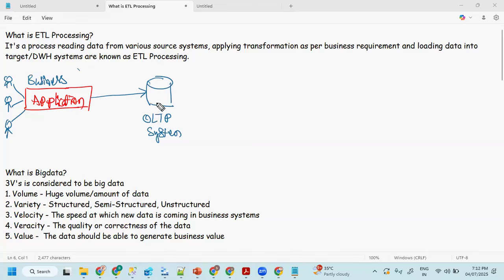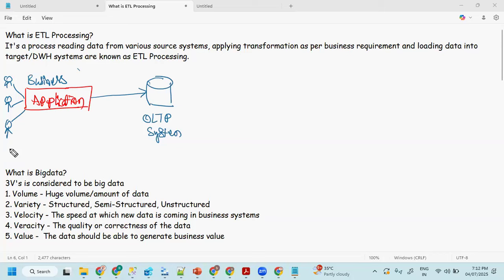The system is designed specifically for the business. If they want to run the business, they need to have an OLTP system, online transactional processing system. They're always going to collect the day-to-day transaction data. We are not going to fall under this.